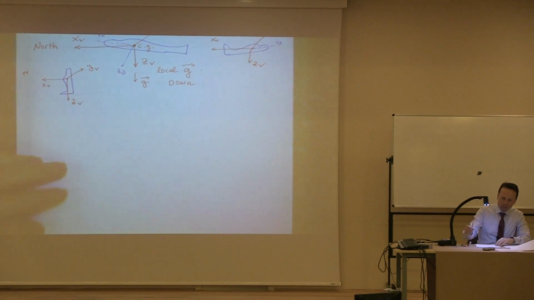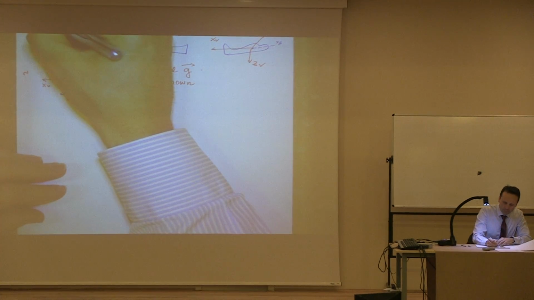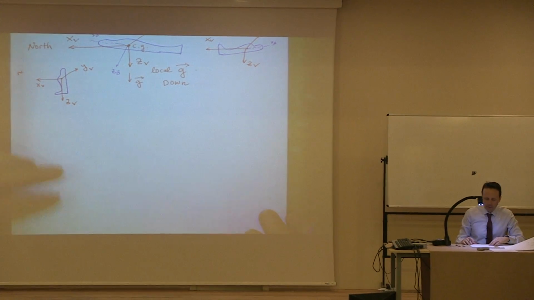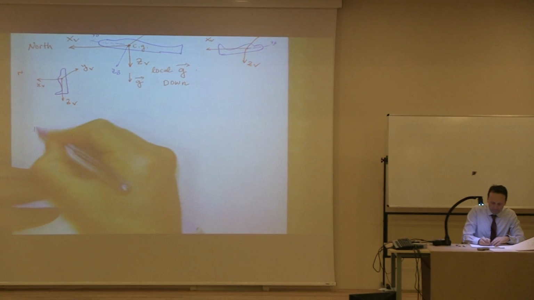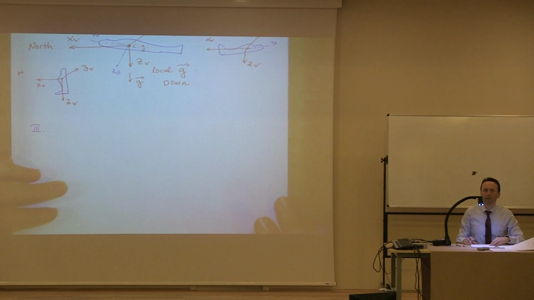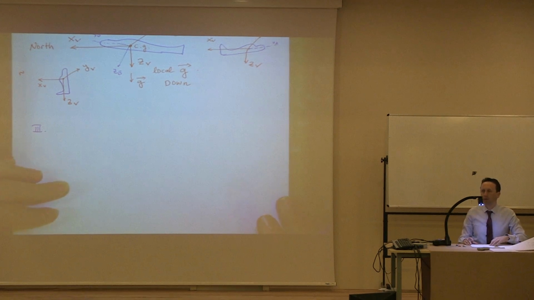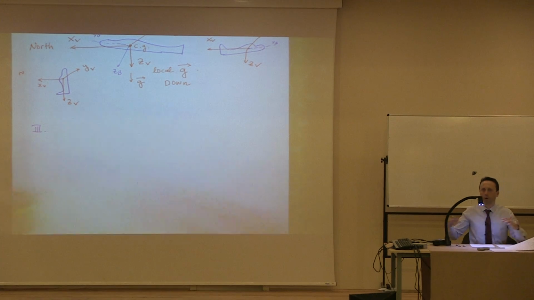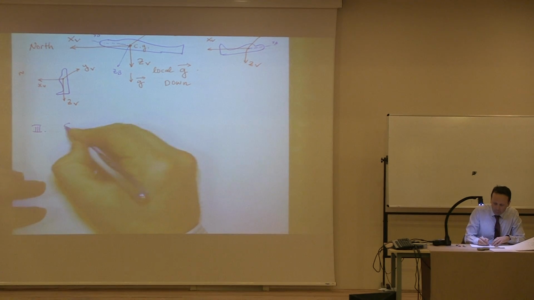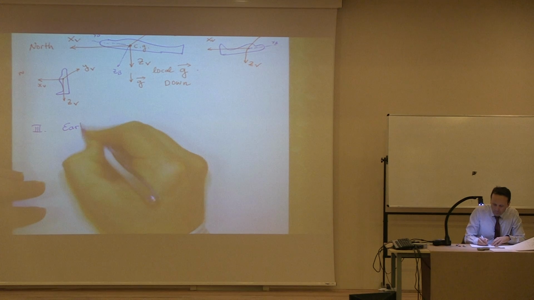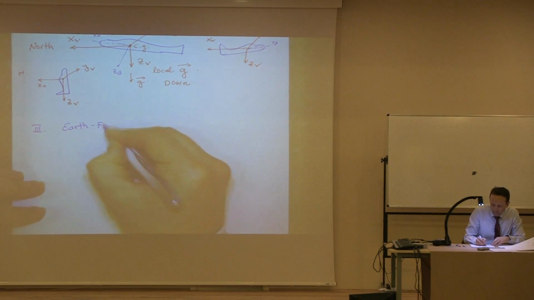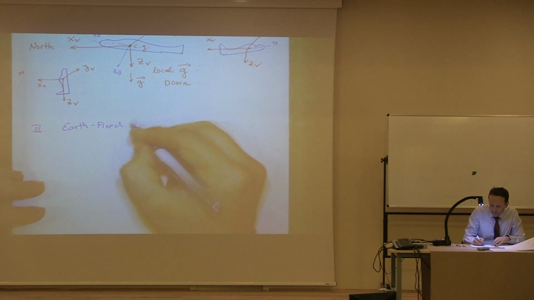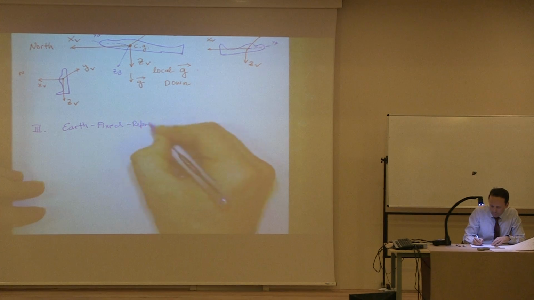So, this was number 2, the second coordinate system. The third one is, we are looking for other reference frames. The third one is, of course, Earth, right? The Earth fixed coordinate system. Earth fixed reference frame.